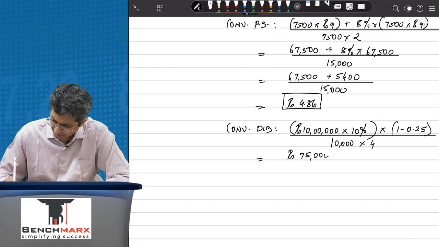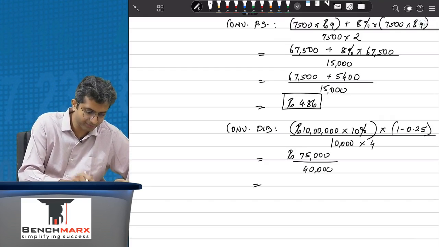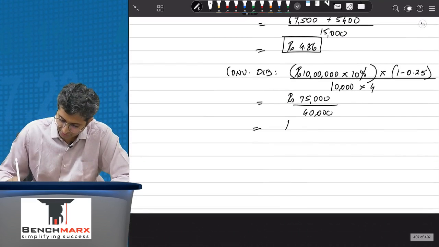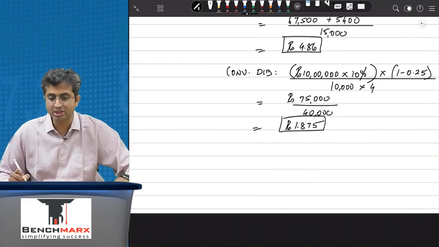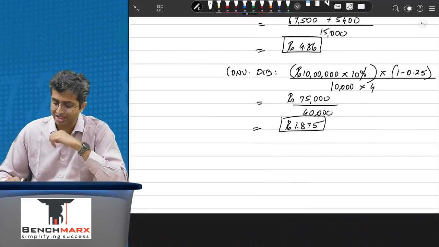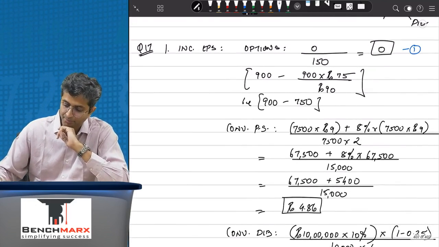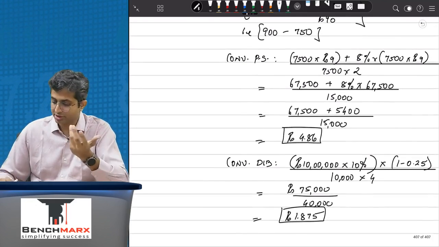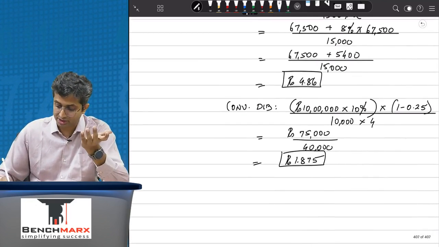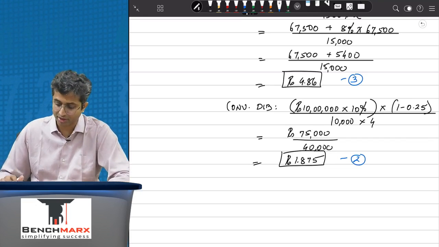So this is 75,000 upon 40,000, which is 75 upon 40, which will be 1.875. So that gives you the incremental EPS for all the 3 types of securities. Now you will try to find the ranking, which is the most dilutive: options being the most dilutive because they are not resulting in any cost saving, followed by the debentures and then followed by the preference shares. So you have determined the ranking.